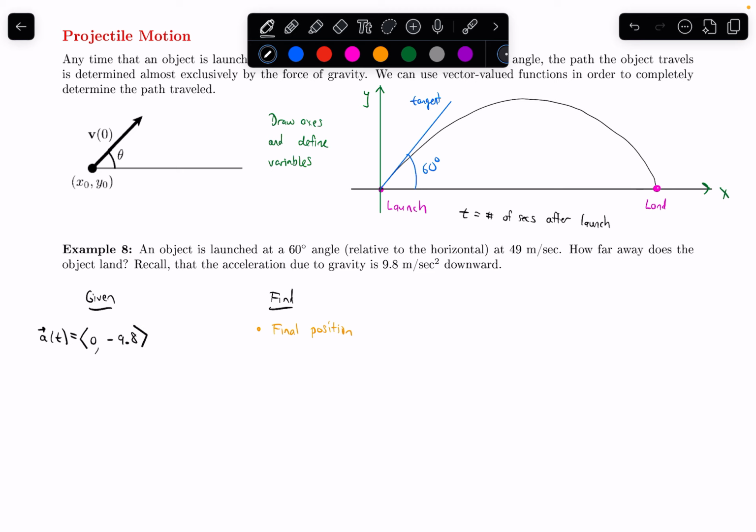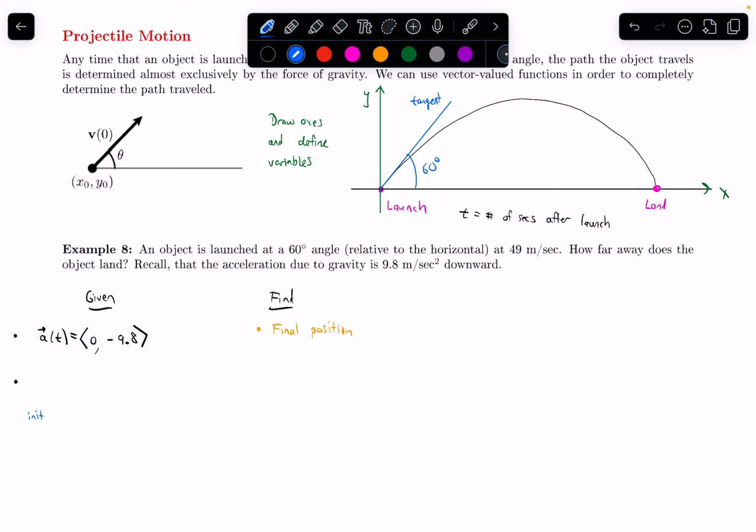The other reason I know it's negative is the way I set up my axes, I made the positive direction be up, which means that because acceleration is pointing down, it would be the negative direction. If I had set up my axes so that the y-axis was pointing downwards, then my y component here would have been positive. Okay, I'll put a bullet point next to it. What else am I given? I'm given this initial launch speed.